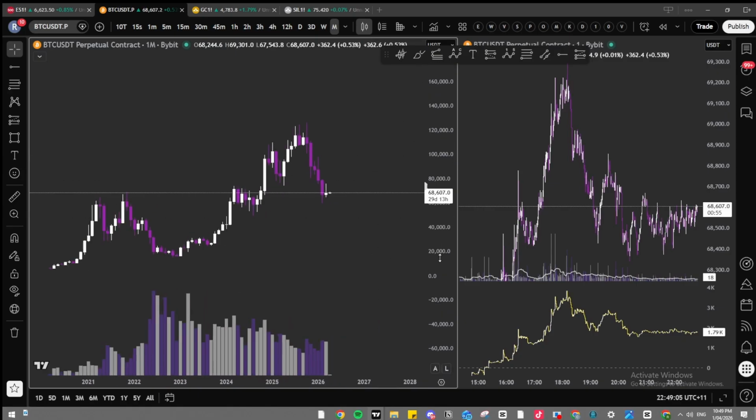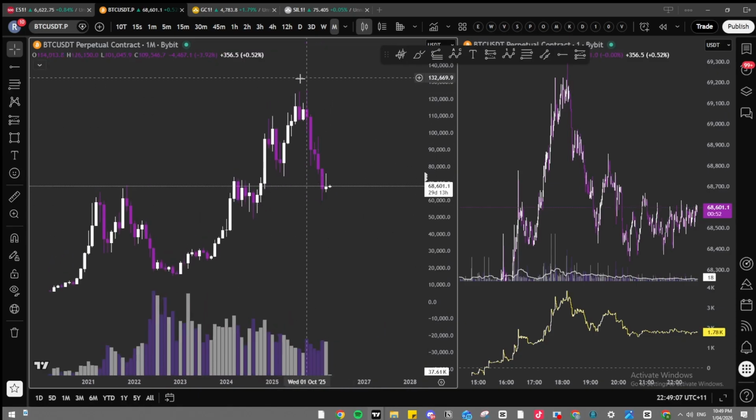And when we're reading market structure, the first thing we want to look at is the higher time frame market structure, because obviously, just like anything in trading, the higher time frame holds more merit, okay? The higher time frame is a lot more important than the lower time frame.